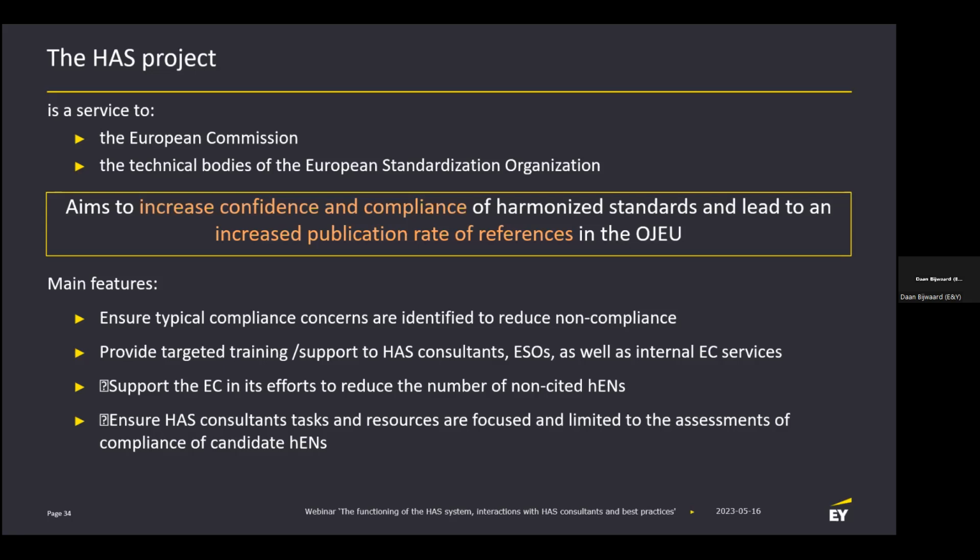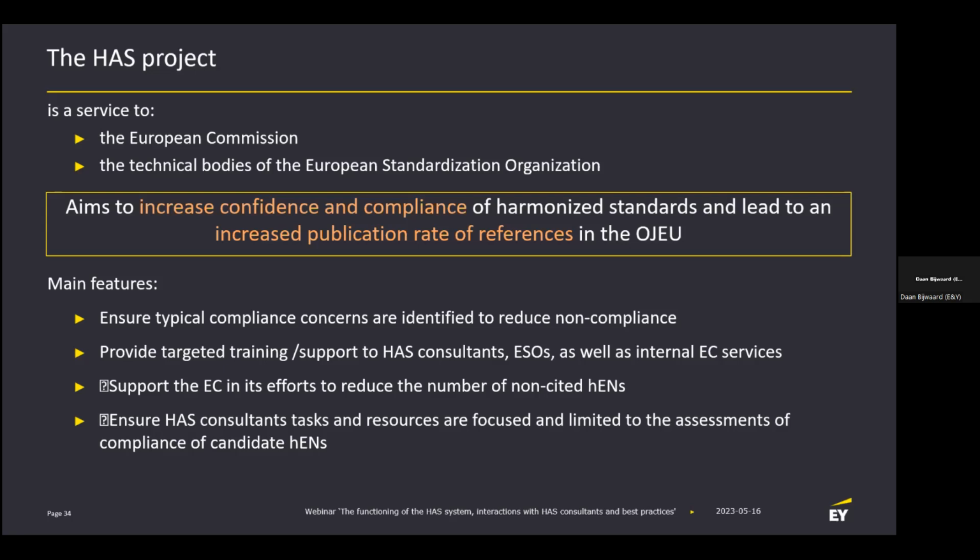The main objectives of the HAS system: ensure that typical compliance concerns are identified to reduce the number of non-compliant draft standards, and provide targeted training to HAS consultants. That's something we do on a regular basis. Also training for the ESOs, which is something the current meeting is part of, and which we will do more under the current contract, so reaching out to the ESOs directly. And of course, we are also in frequent contact with the Commission services.